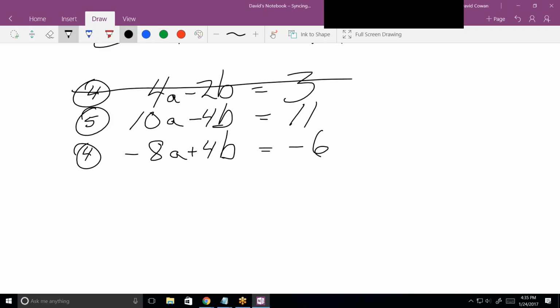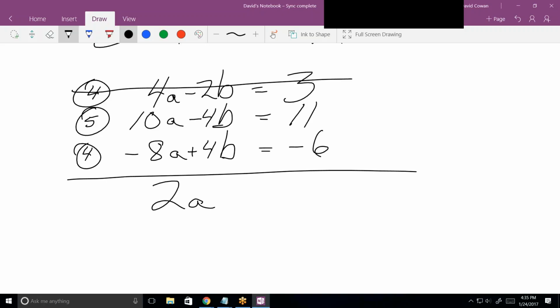So that's my new equation 4. Now I've got it perfect. By adding equation 4 and 5, I'm going to eliminate b. That gives me 2a equals 5, a equals 5 halves.